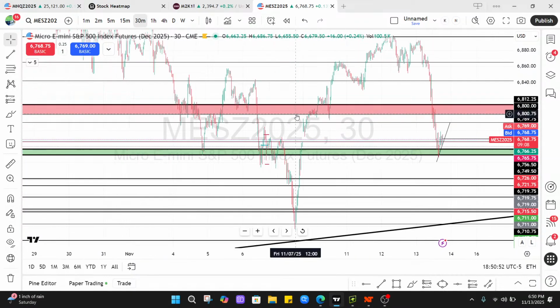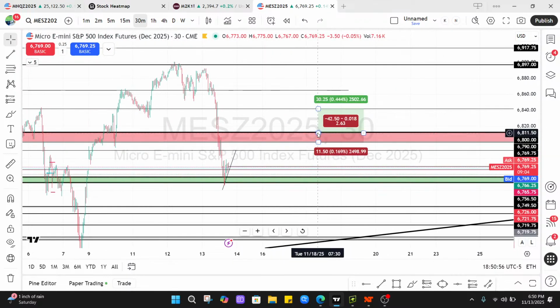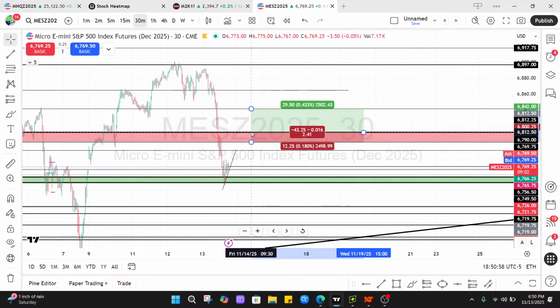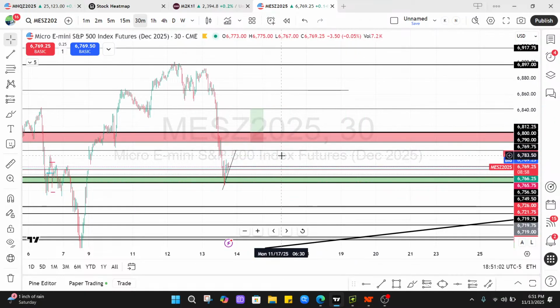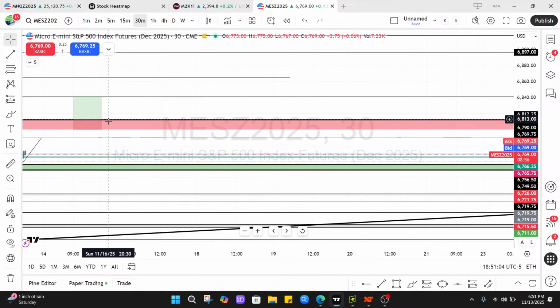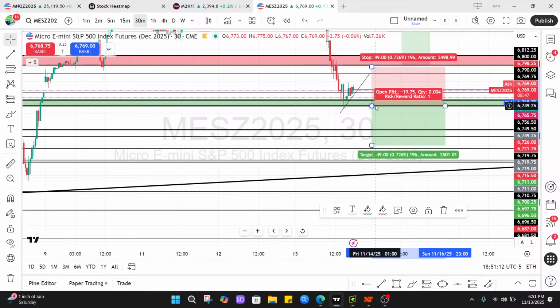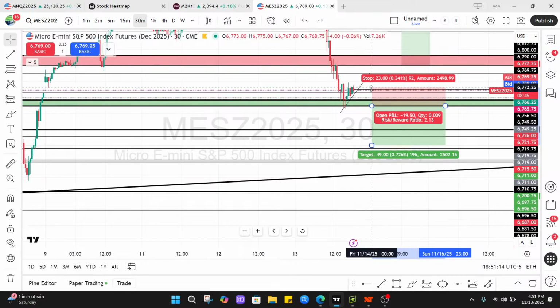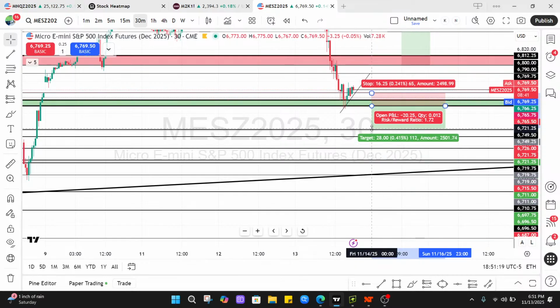Alright, let's just make sure that we have it. So we got it to the upside sent out. Let's get it to the downside sent out. So to the downside, honestly, I want to see a break of this region right here, bringing my stop right about there, bringing my target, my TP.